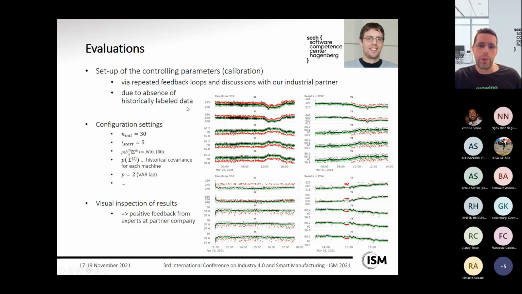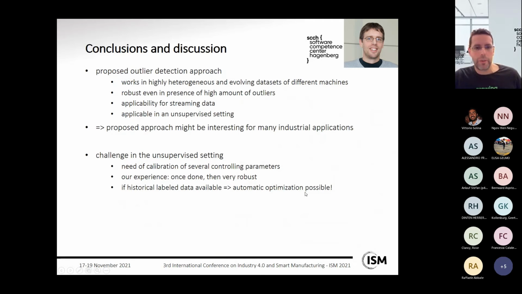If we had labeled data, we could make the optimization of the controlling parameters automatically. But once this calibration was done, our experience is that it really is very robust, and as I said, this detection algorithm runs simultaneously on several hundred machines and gives really good results.